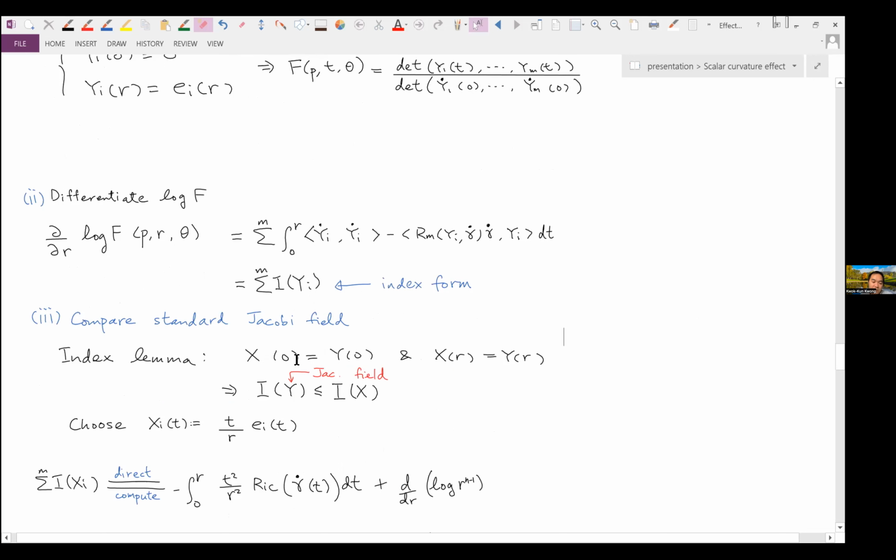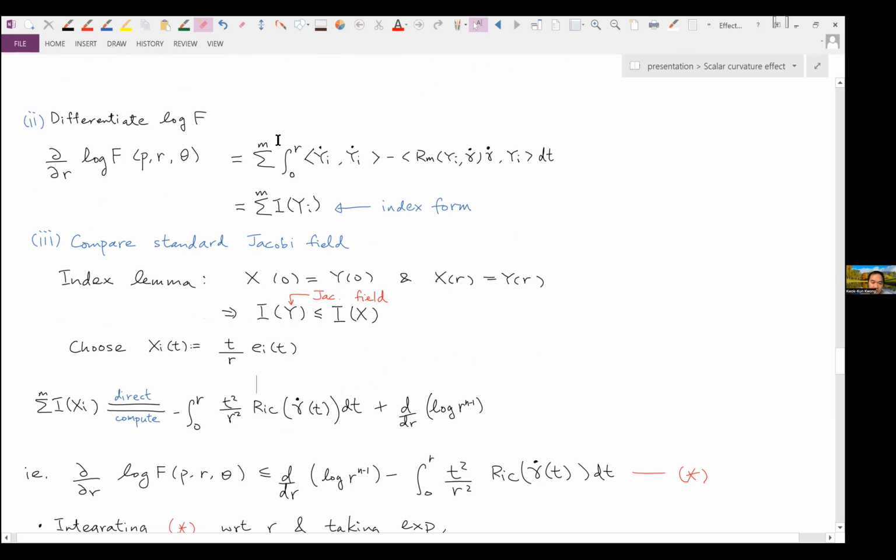Now we want to make use of the index lemma. We have to choose certain comparison vector fields, and the comparison vector fields X have to agree with the Jacobi fields at the two endpoints. The most natural ones to choose in the flat case are just linear vector fields. So basically r is constant, and this is basically t times E_i. So choose X_i to be something like this.